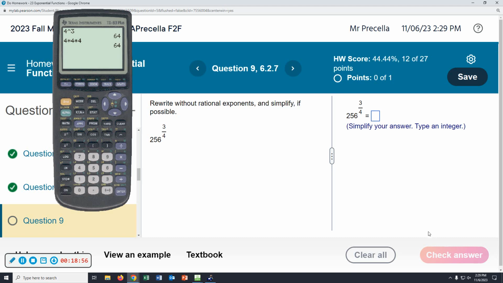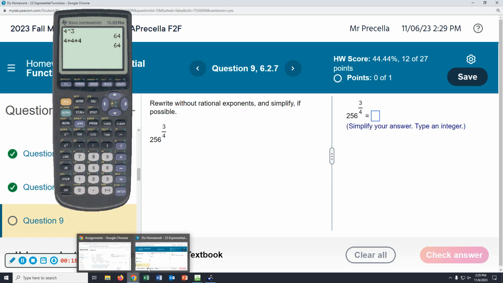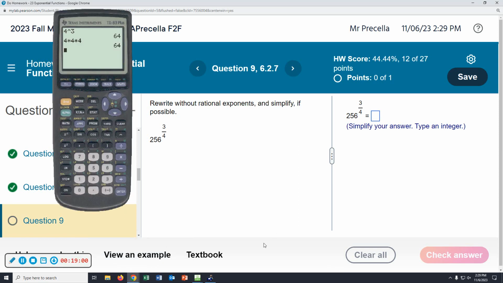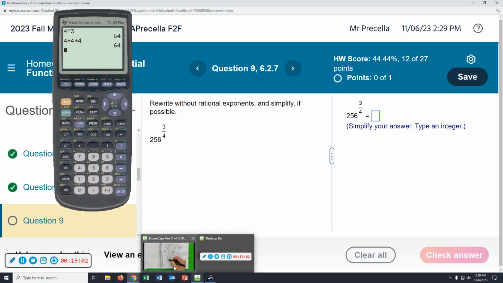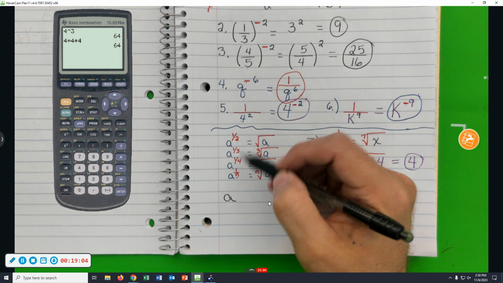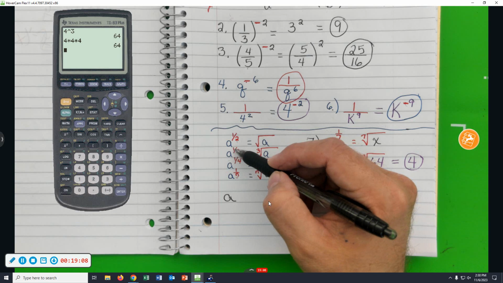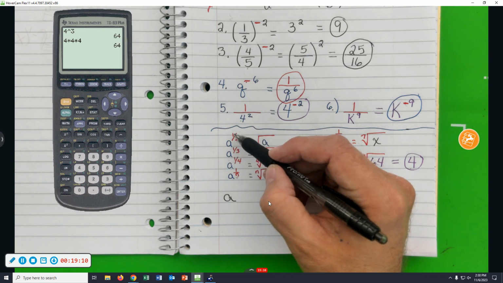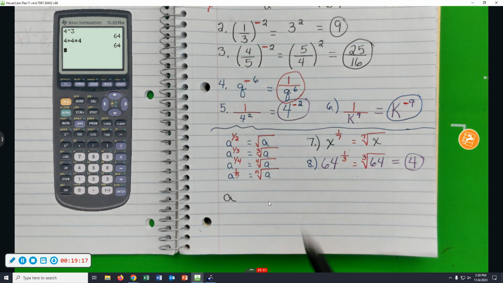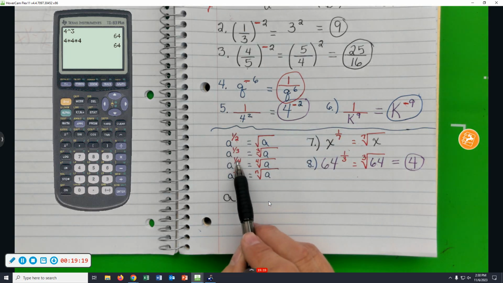Okay, let me write another rule here. It goes hand in hand with these rules here. These definitions, and that's what this is, a definition of a fractional exponent. I stated it for only the top number being a 1. The natural question is, what if this top number is not a 1?